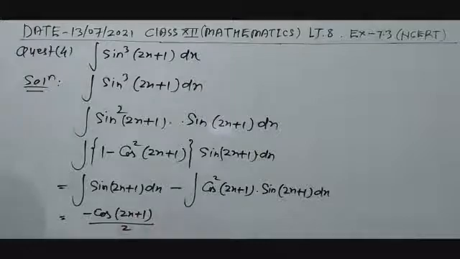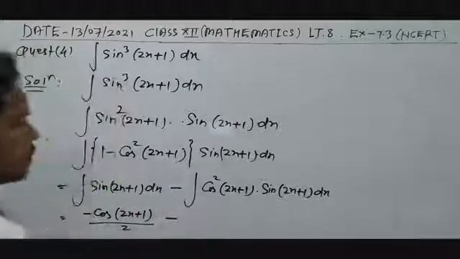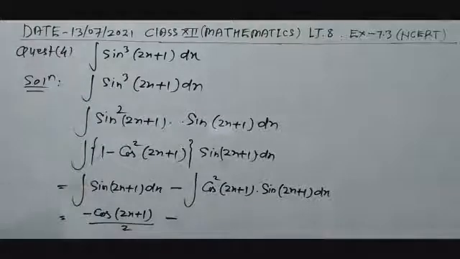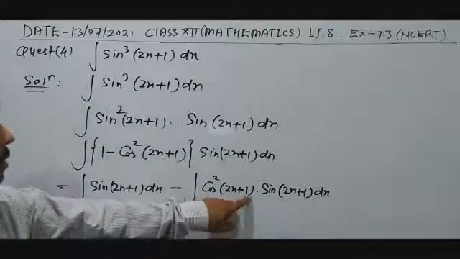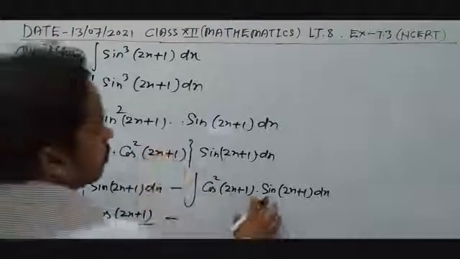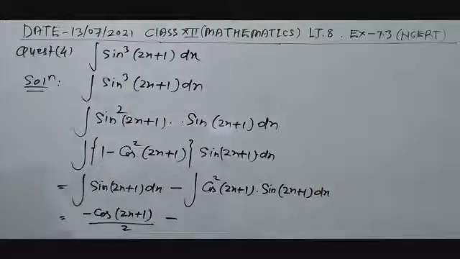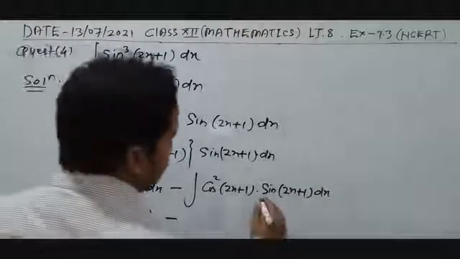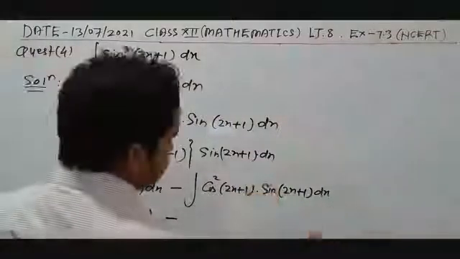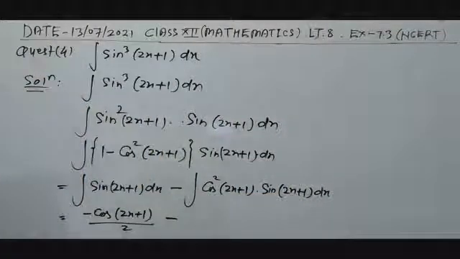Now minus times, in this question you will consider t equal to cos of 2x plus 1, then dt will be equal to minus 2 times sin of 2x plus 1 dx. So minus 2 times sin of 2x plus 1 dx is the value of dt.